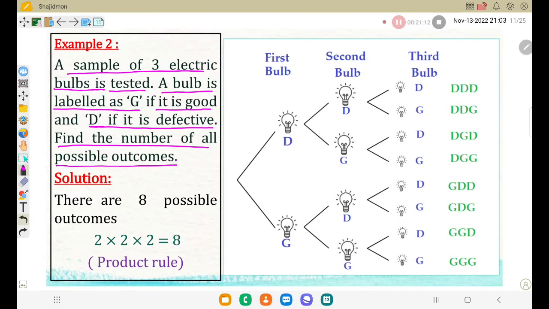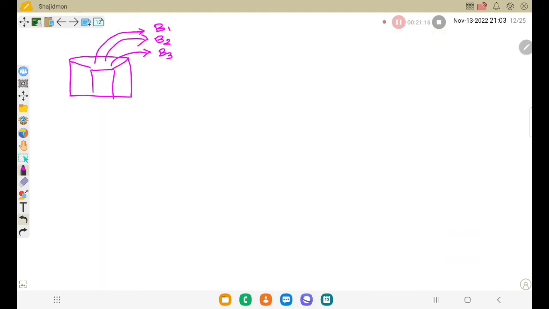So what is the question idea actually? I have one box here. From this box I am taking the bulbs one by one. First bulb I am choosing, second bulb, third bulb. This is bulb 1, bulb 2 and bulb 3. Three bulbs I am choosing. Once you take the first bulb, you check that bulb.